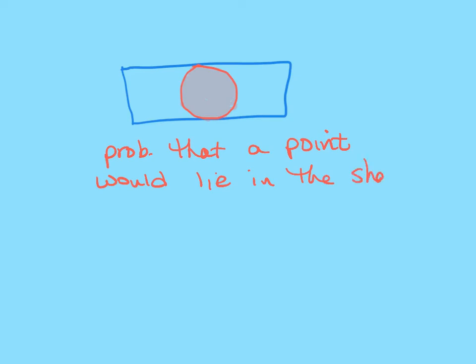So here, probability that a point would lie in the shaded region. So again, we would do the area of the circle, what we're aiming for, over the area of the rectangle.